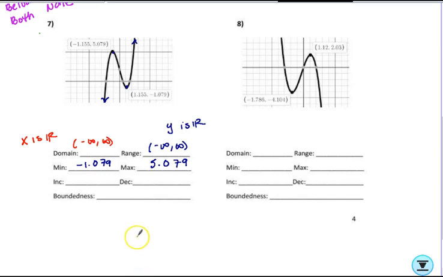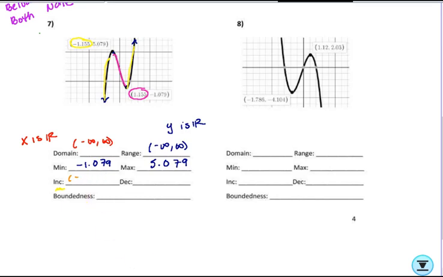I'm going to color code my graph. You've got increasing until this x value, decreasing to this x value, and then increasing again. So for increasing, that is negative infinity to negative, I'm not going to have enough room.